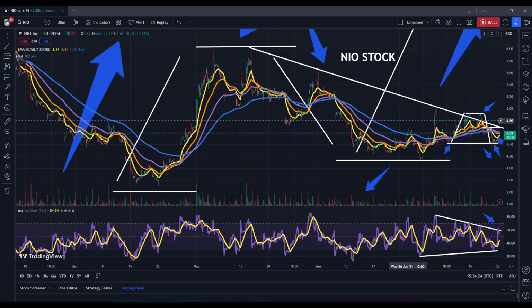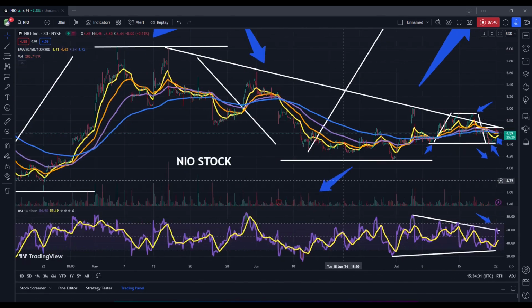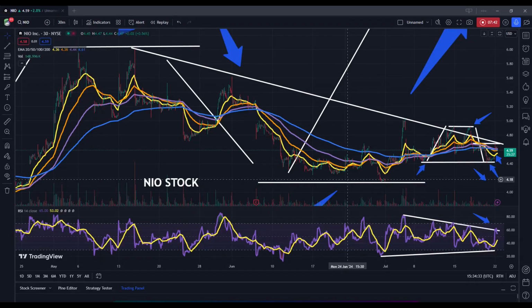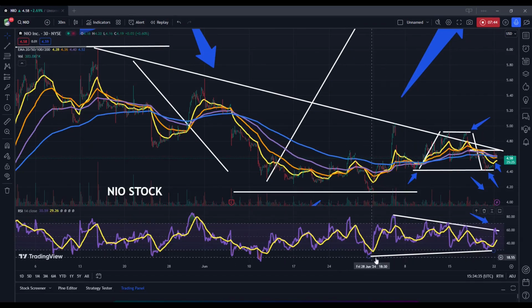We're looking for a resolution of this pattern to the top side. Overall, I still think it's possible, because the indicator readings are largely positive, as we can see in the relative strength index. General momentum remains positive, and we're starting to see a break of the shorter term downtrend momentum that has been developing since roughly July 3rd.